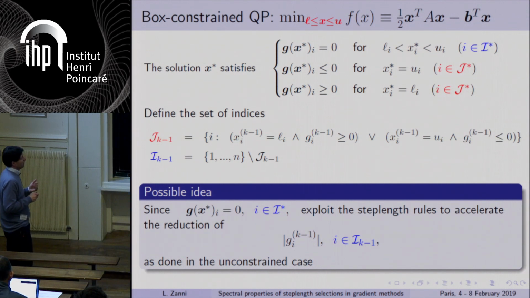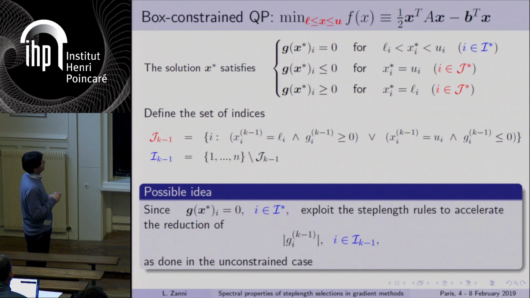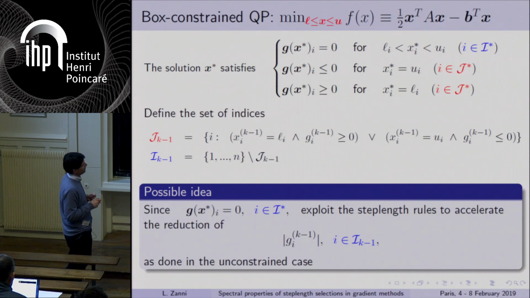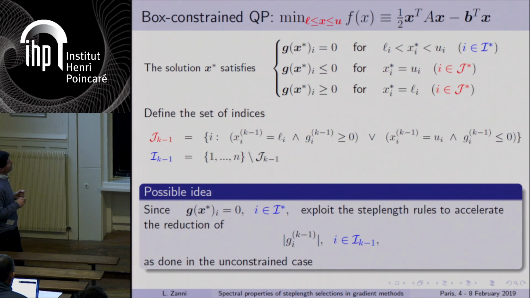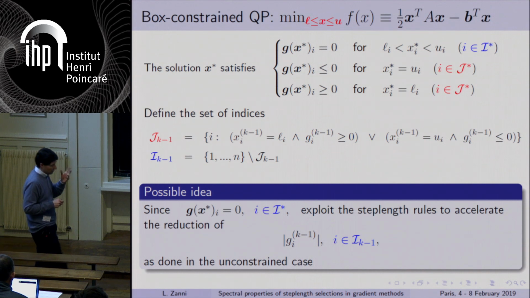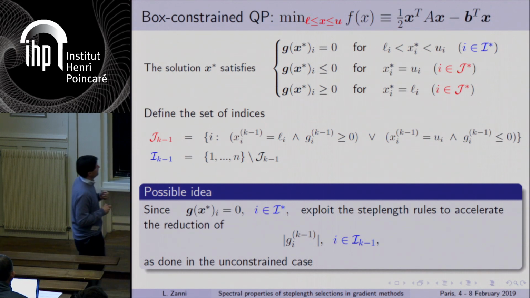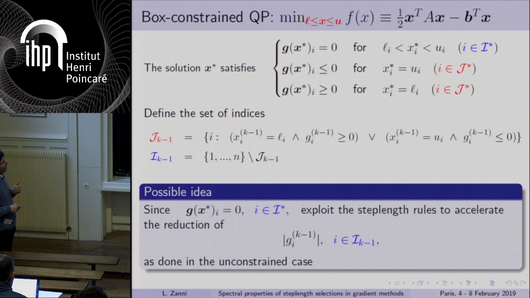Then, a possible explanation of the fact that the rule works also in this case in a similar way to the unconstrained case is that if we denote by J_{k-1} the set of indexes that correspond to the active variables which already have the gradient with the correct sign, and by I_{k-1} the complementary set, then the steplength rule probably accelerates the reduction to zero of the gradient components that correspond to the variables that are inactive. That is, the gradient components that will be zero at the solution.